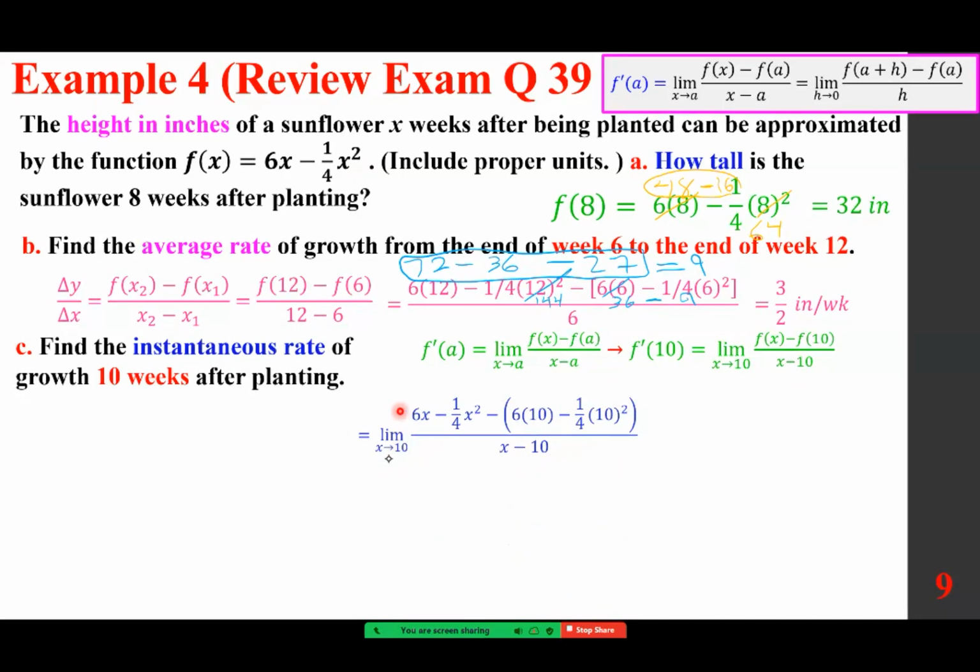It has got nothing to do with the limit. Simplify this and take a limit. This is 60 minus 10 squared, everybody knows, is 100. 1/4 of it is 25. So 60 minus 25 is 35. Everything here is replaced with 35.